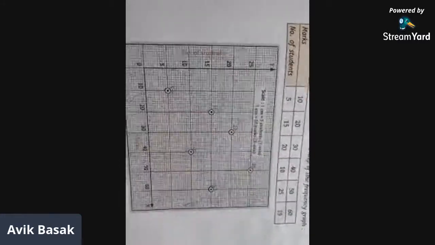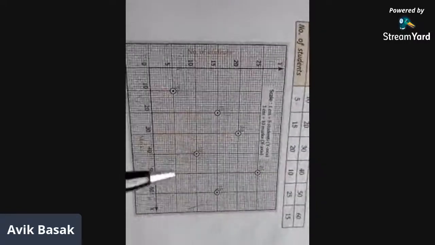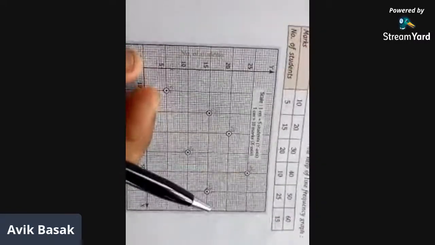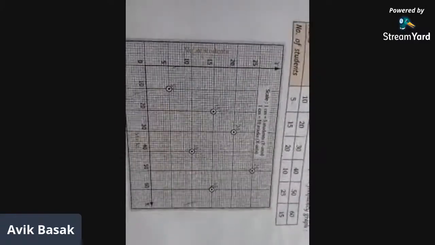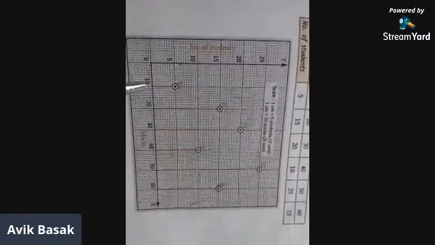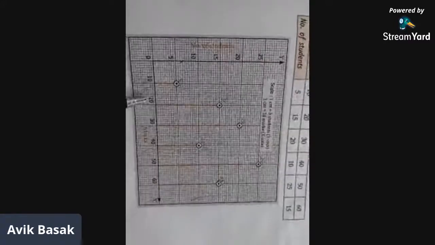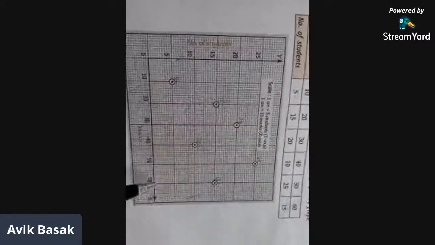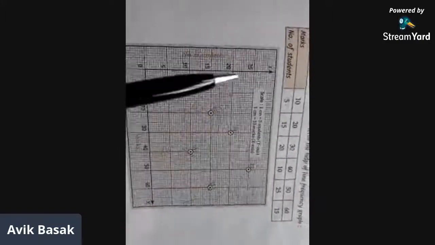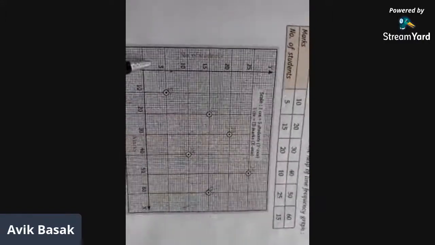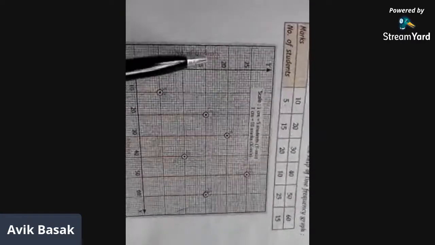For every 1 centimeter, that is 1 centimeter of the small squares, I am taking 10 marks each: 10, 20, 30, 40, 50, 60, 70, 80 on the x-axis. And on the y-axis, I am measuring the number of students.